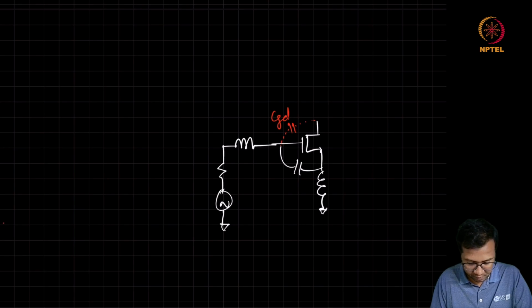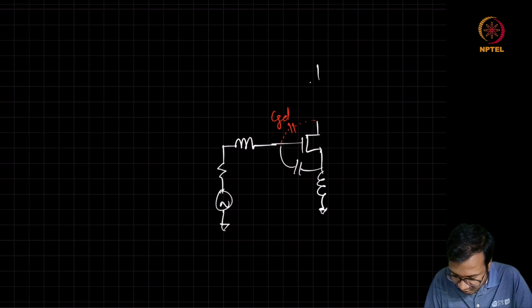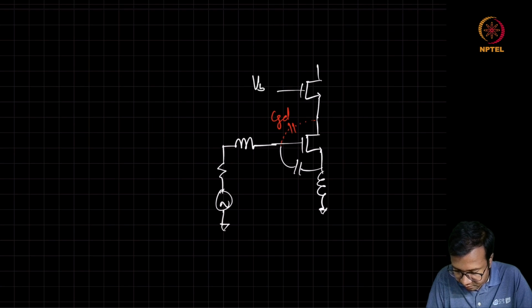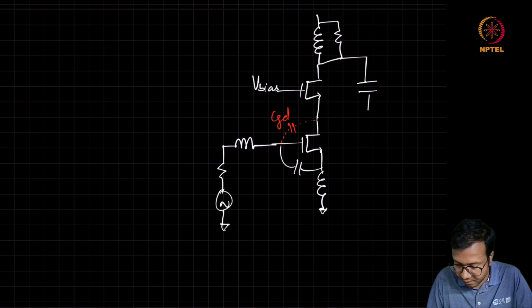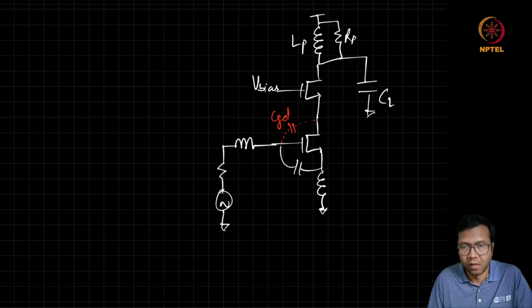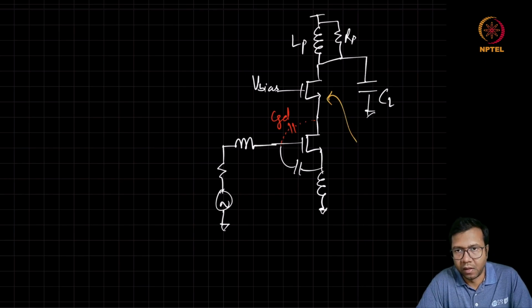So what we can do is add a cascode element to shield the input from the output, and this cascode element can not only improve the input matching, it will also improve the stability of the LNA.